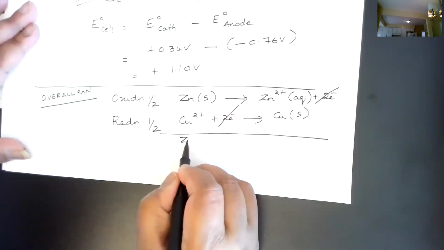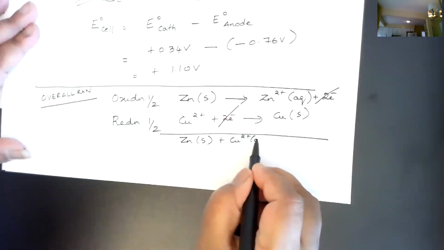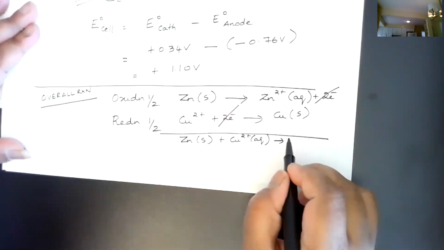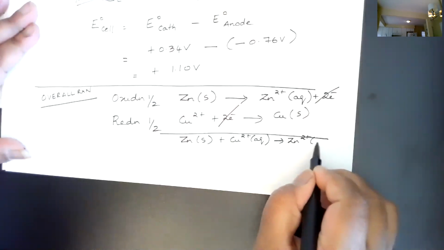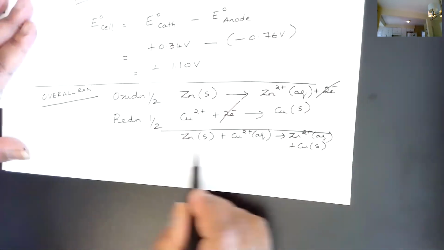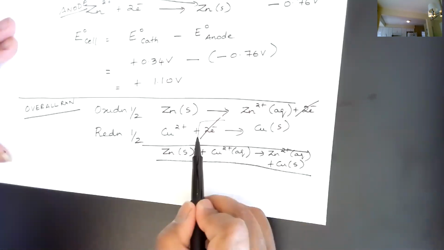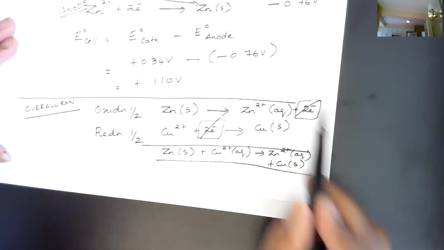So the overall reaction is zinc solid plus copper 2 plus aqueous, giving zinc 2 plus plus copper solid. Okay. Now I did this to show you that the value of n is 2.